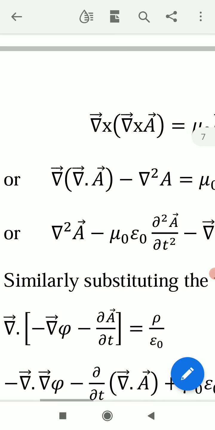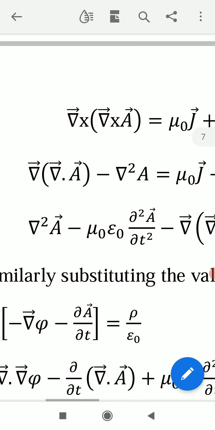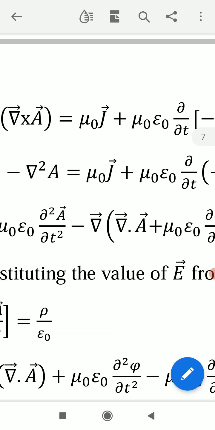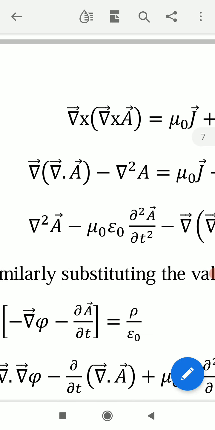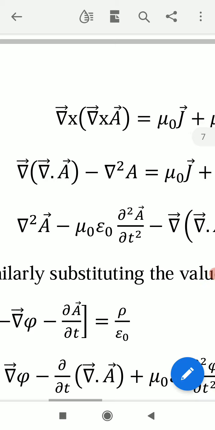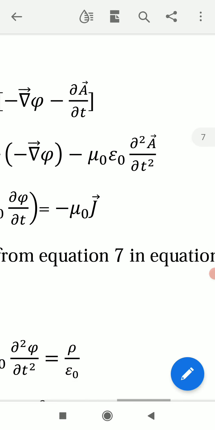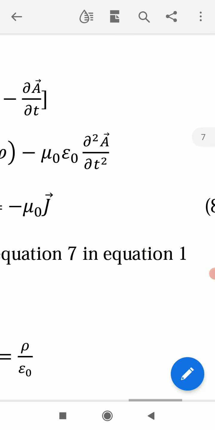Now we have del square A. Put this minus del square A from left hand side to right hand side. Then it becomes plus del square A minus mu 0 epsilon 0 d2A upon dt square. This is the last term.